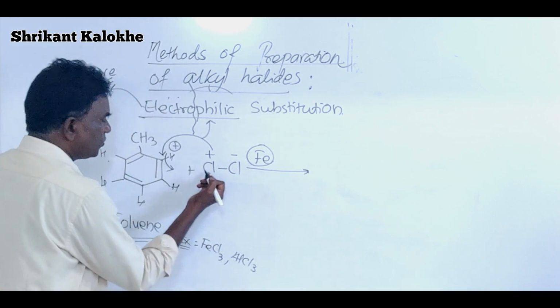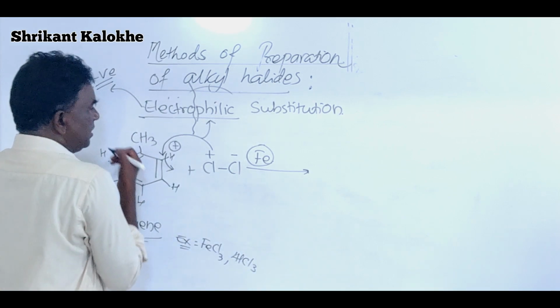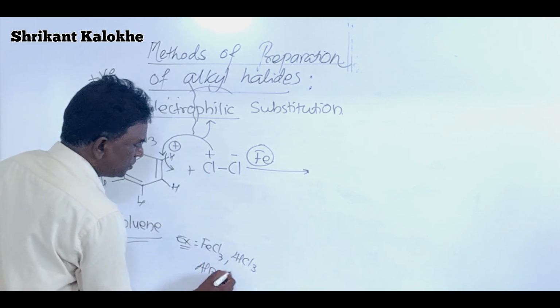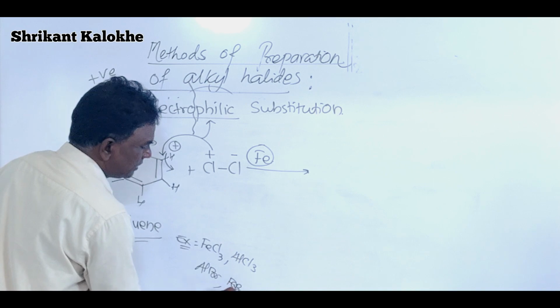For bromination, if you want to treat this aromatic hydrocarbon with bromine, then you can take AlBr3 also, you can take FeBr3 also.